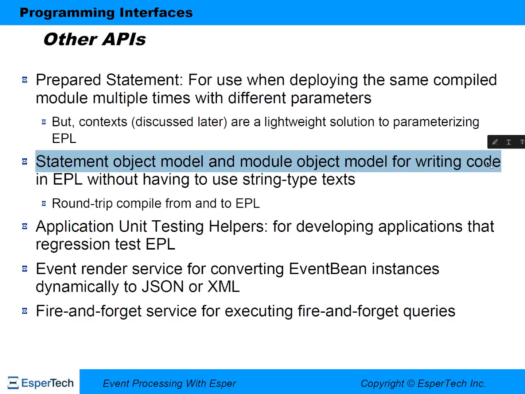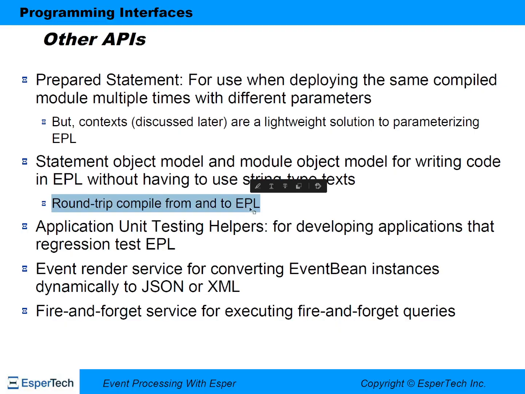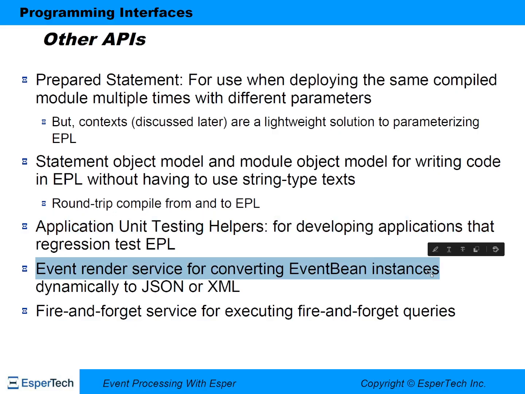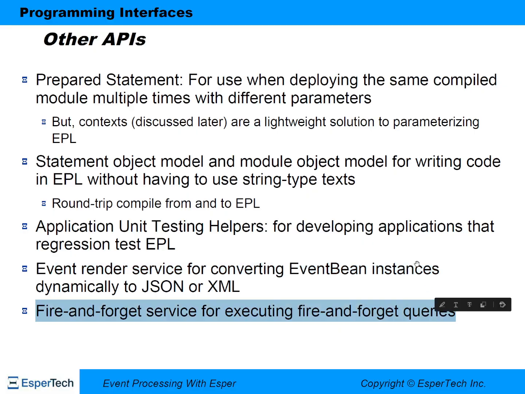The statement object model and module object model are for writing code in EPL without having to use string-type texts. The object models can round-trip compile from and into EPL. There are application unit testing helpers for developing applications that regression test EPL. The event render service is for converting event bean instances dynamically to JSON or XML. The fire and forget service executes fire and forget queries.